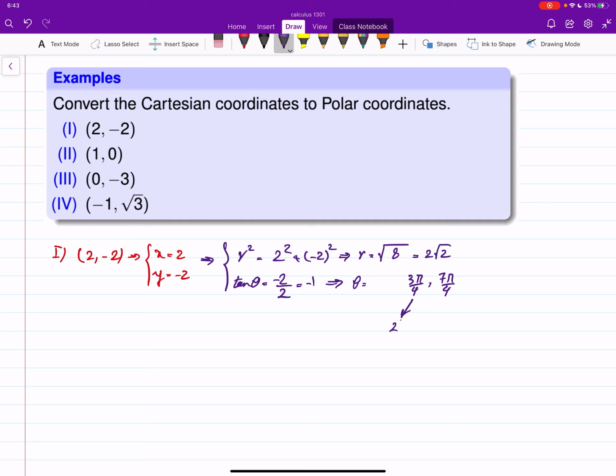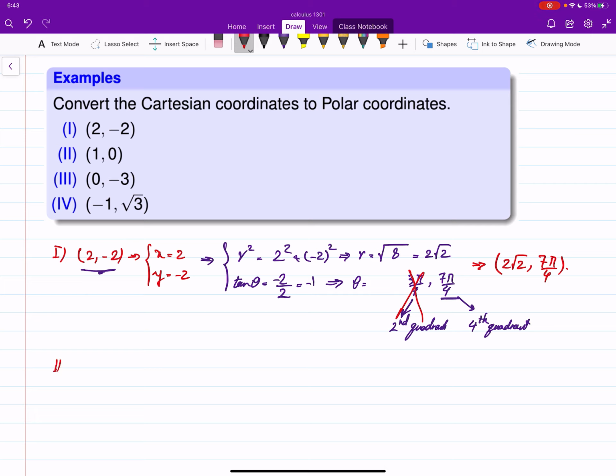So that is in the fourth, not third, sorry, in the fourth quadrant. Fourth quadrant. And you see that the second quadrant one goes away. So my polar coordinate is going to be 2 root 2, 7 pi over 4.